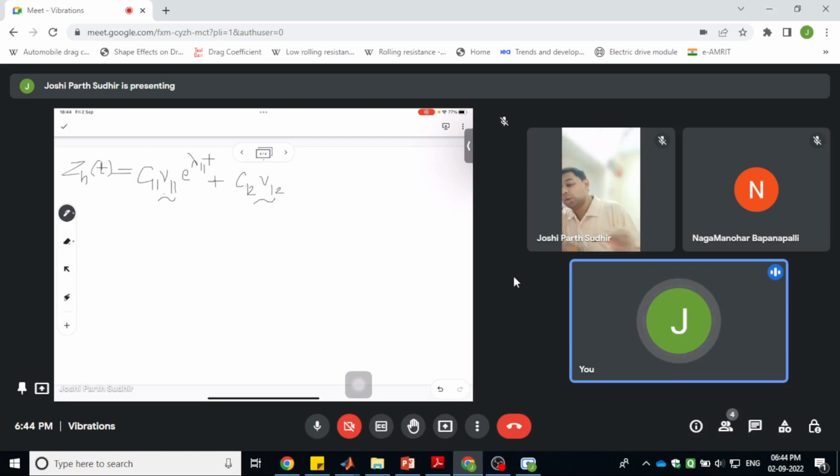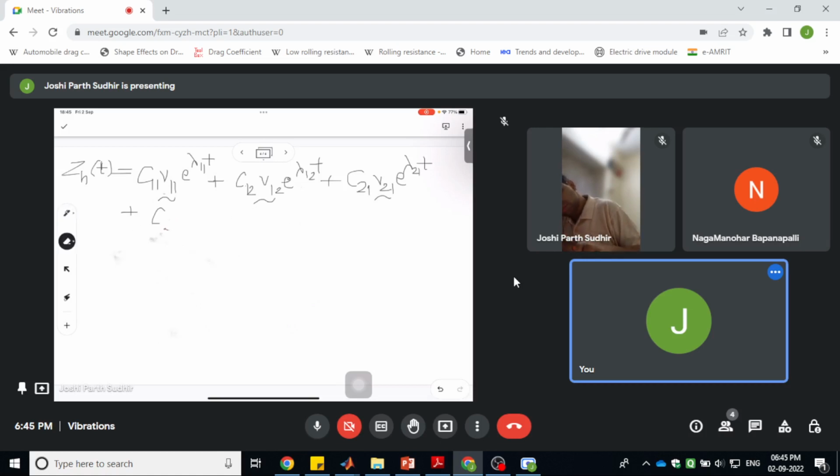We will get v12 corresponding to lambda 12. So we get the general form of the homogeneous solution, or basically the free vibrations response. It can be expressed in this form.